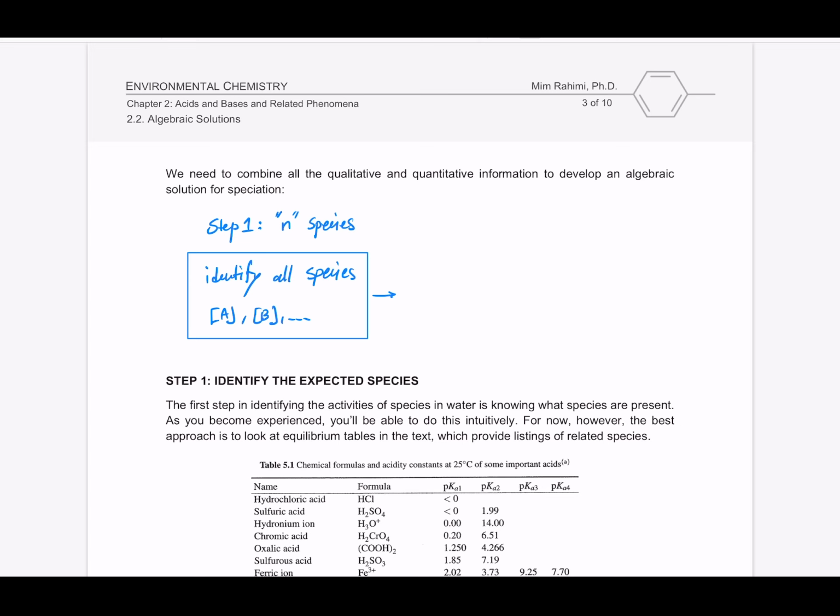So the next step would be n equations. And an equation means how these species are related together. So the relationship between species, lecture 2 of the course. So basically what we do is develop equations, or how species are related.